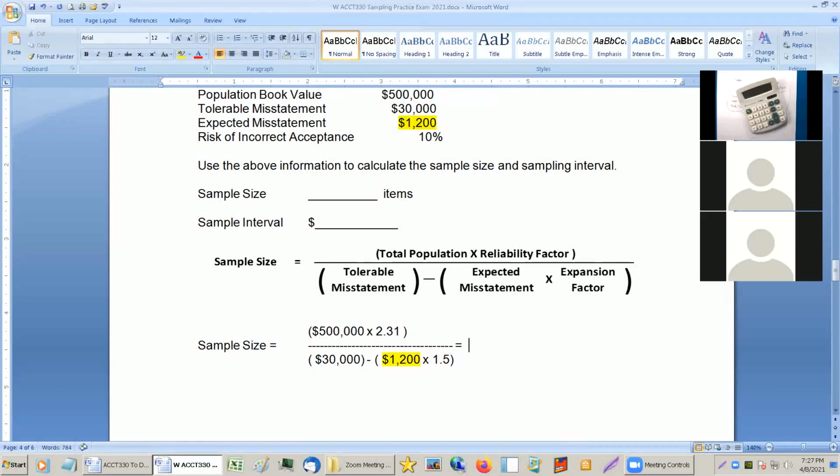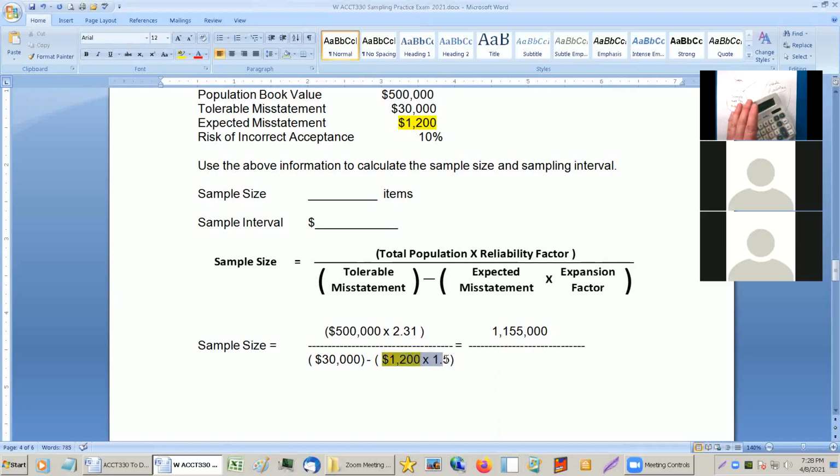All right, so this equals, let's do the math here. And on the bottom here, I'm going to do this one first.